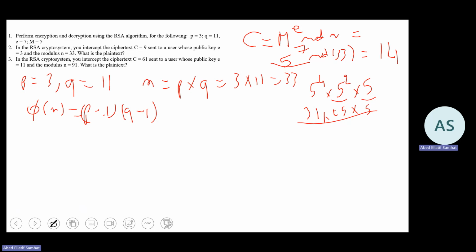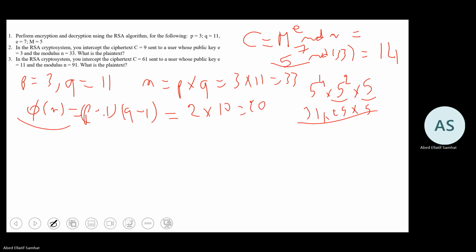So for the decryption, we need to find the secret key, which is D. So we should find phi of n. In our case, phi of n equals (p minus 1), 2, times (q minus 1), 10, which is equal to 20.